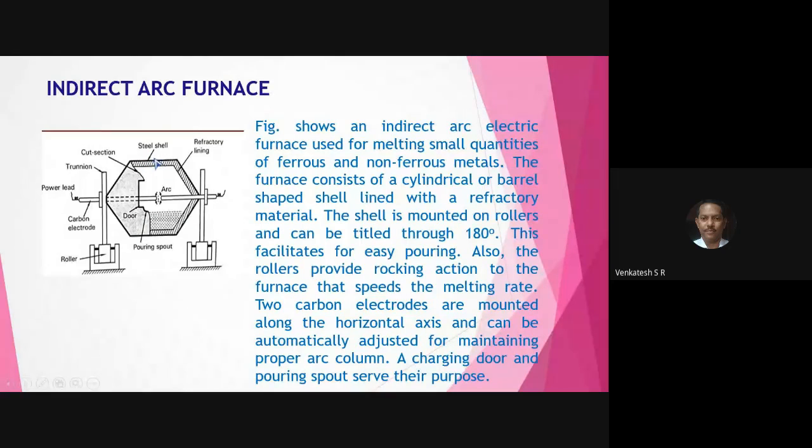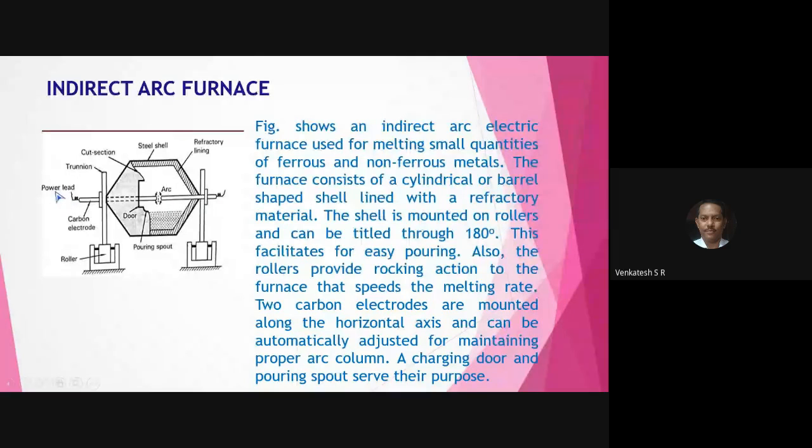The hexagonal shell is made of steel. Again, the steel shell is covered with refractory lining. And in the center of the shell, there will be a provision to insert the arc.